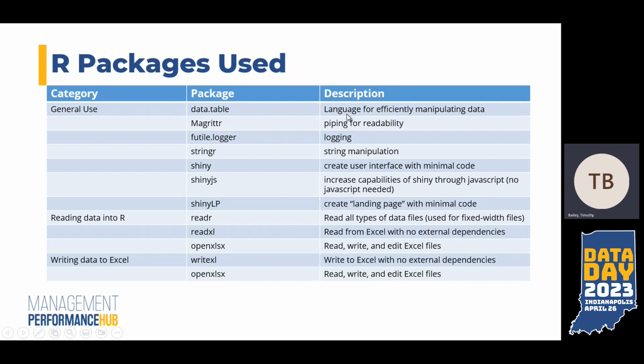And obviously that was a lot more than just Shiny utilized to build that. So I have a list here. I'll just quickly run through some of the major ones. Data table is a great package for data manipulation, efficient, nice, succinct syntax.